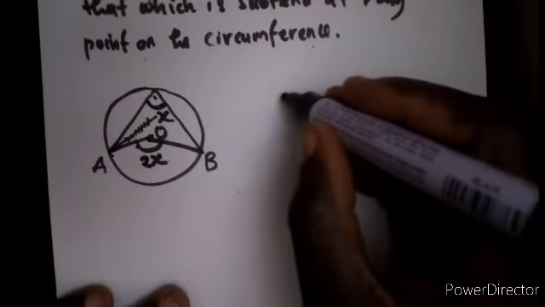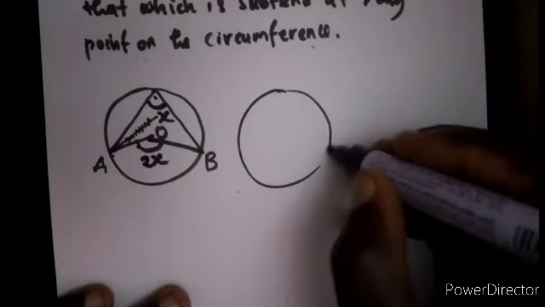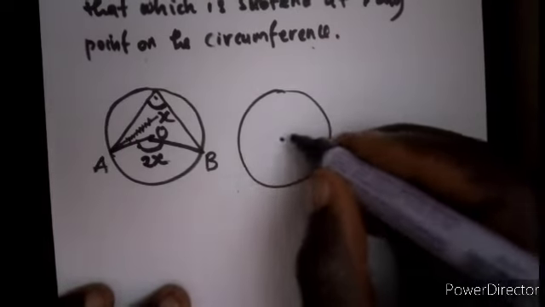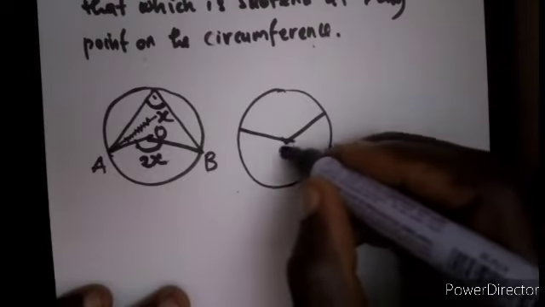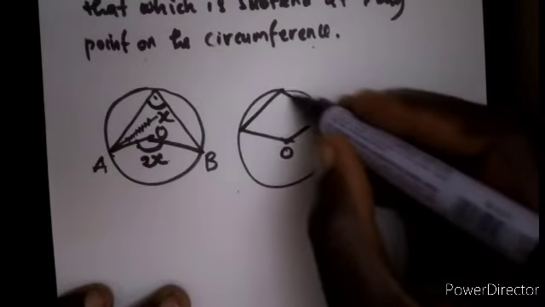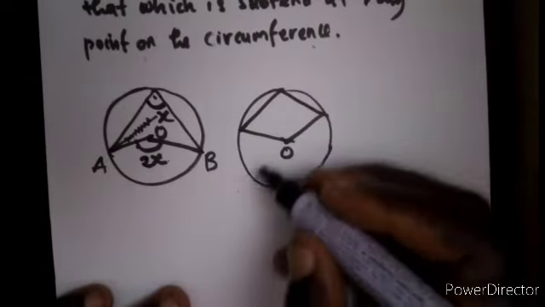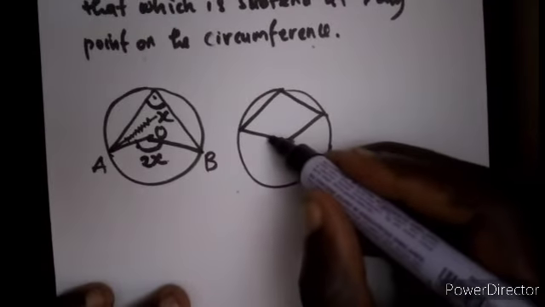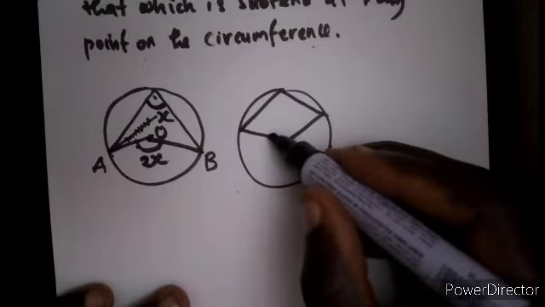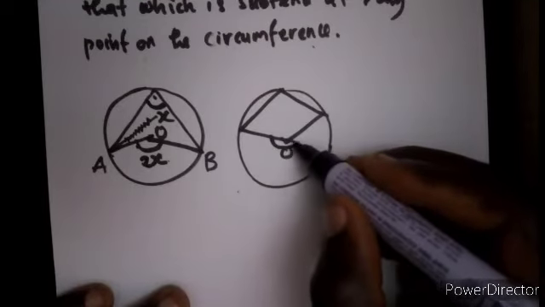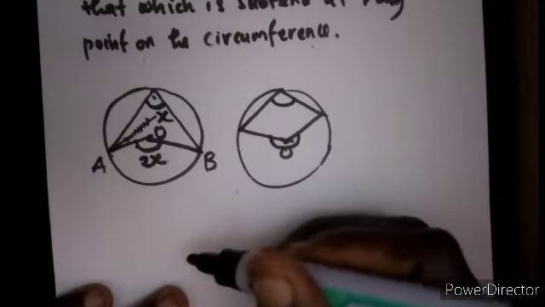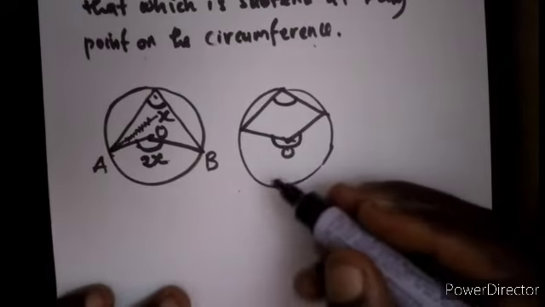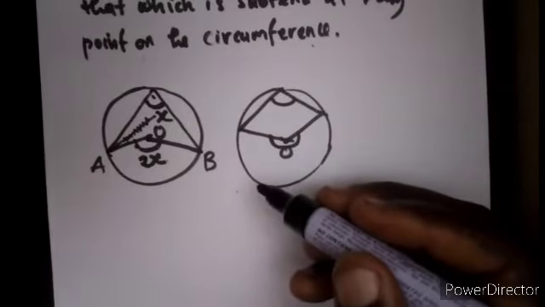Also, there's another form we can have. Let's say this is the center, and the point on the circumference, still the same thing. So this angle here is twice this angle.